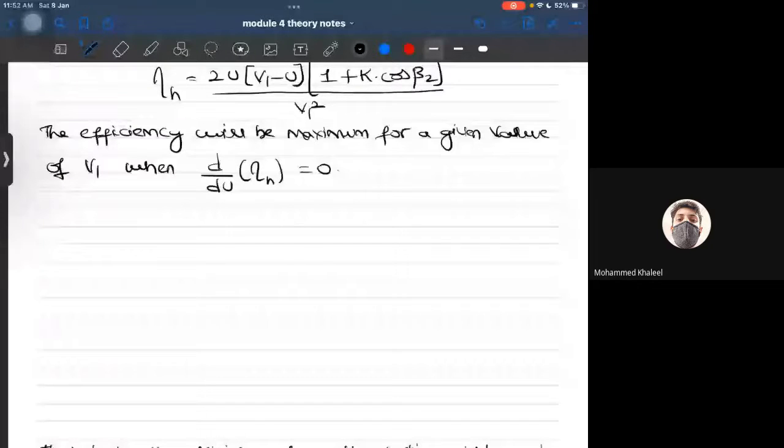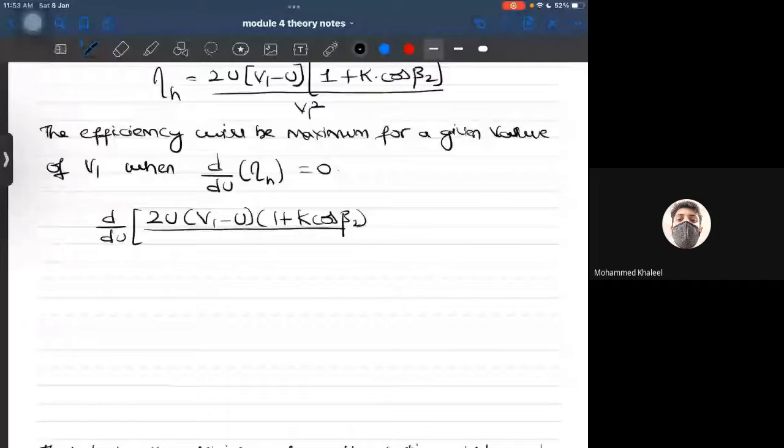So you differentiate the above expression with respect to U. d by dU of 2U into V1 minus U into 1 plus K cos beta 2 divided by V1 square should be equal to 0.